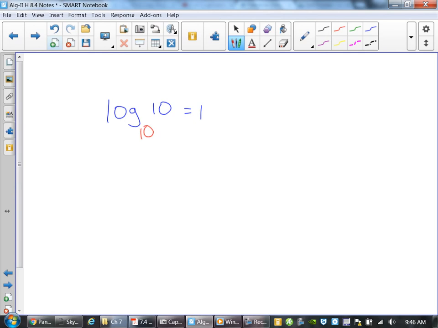If it's any other base, it'll be shown. It'll say log base 2, log base 3, or whatnot. If you don't see a base, it has to be base 10. Even if it was log of 5, it's still log base 10. It still means the same thing. This wouldn't equal 1 then, but if it just says log 5, it's implied as a base 10.